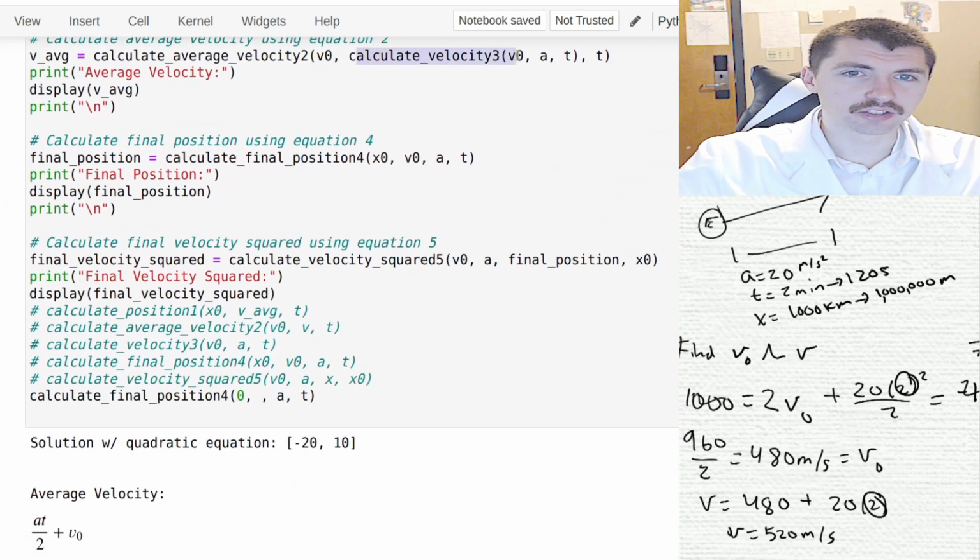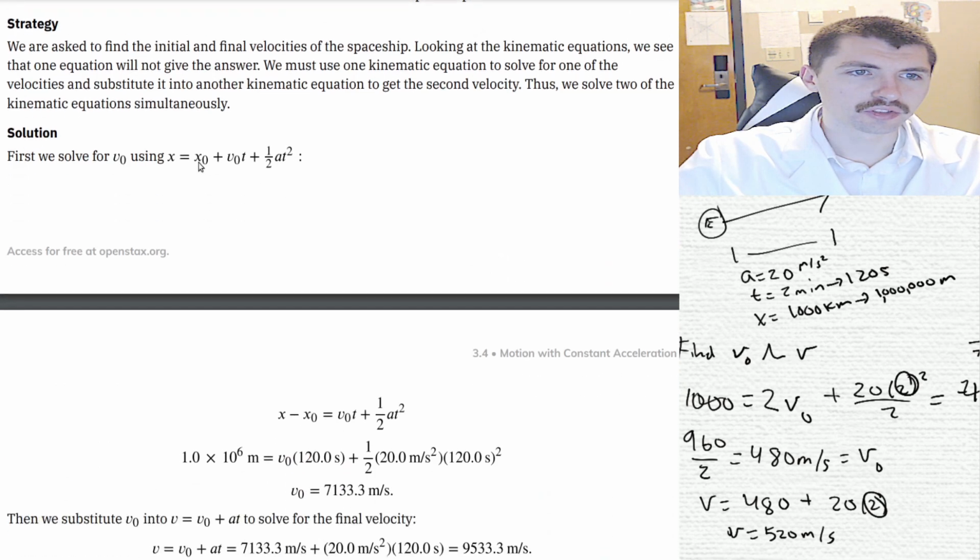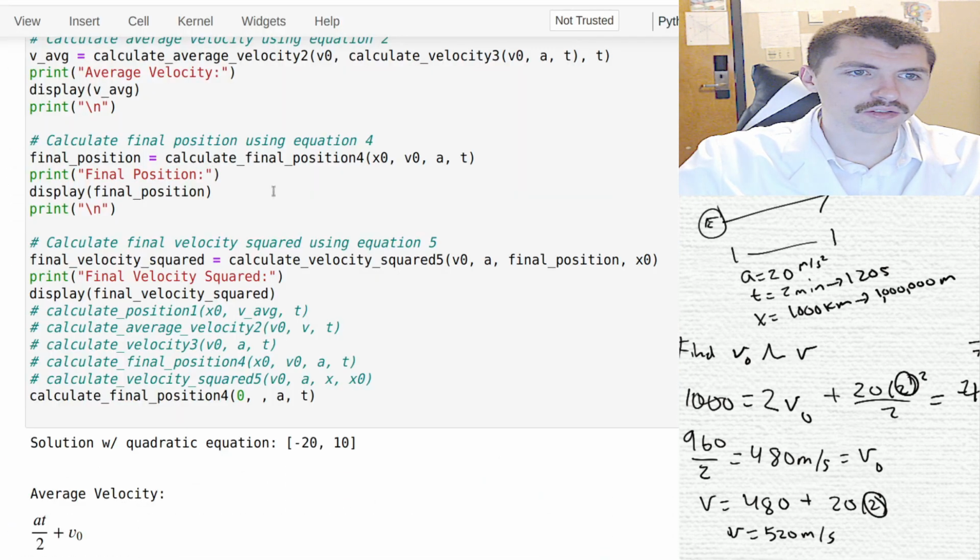I like how they did this here. Calculate velocity. Velocity 2. So we have position. Okay, so what are we using? We're using this x naught.